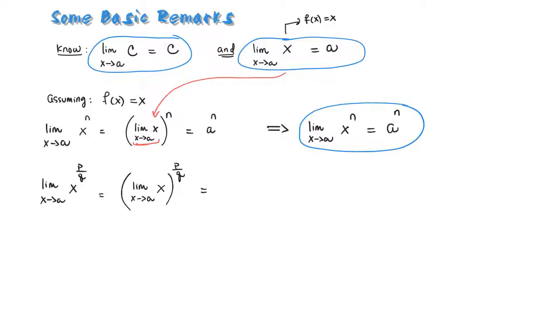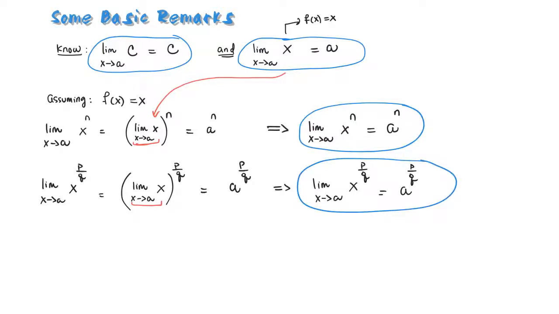Remember that this limit is equal to a. So then that's going to be equal to a to the p over q. So from now on, this also goes in our toolbox. The limit as x approaches a of x to the p over q is equal to a to the p over q. Always, always, always. So these are things that we're going to assume.